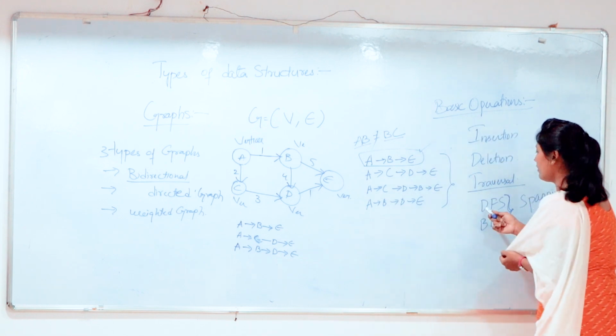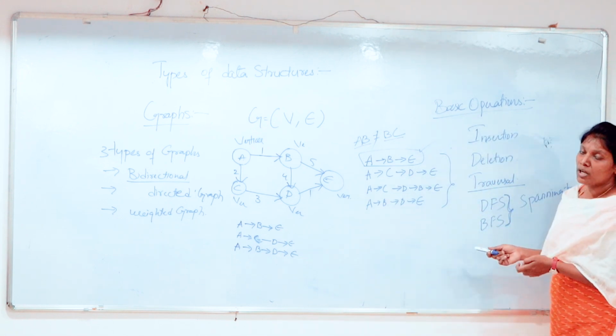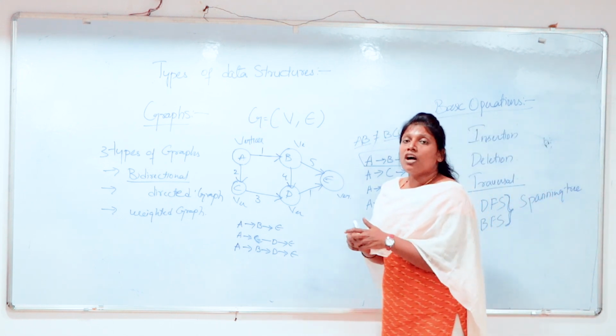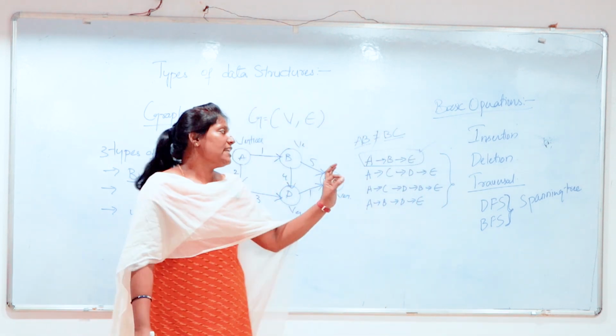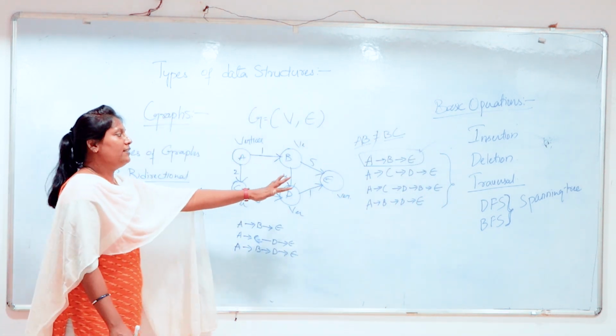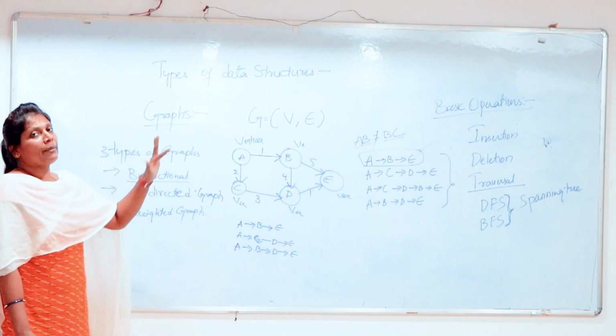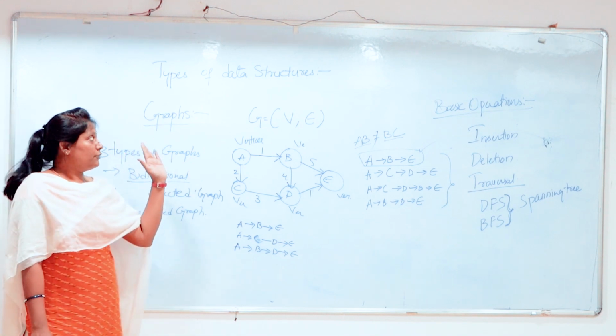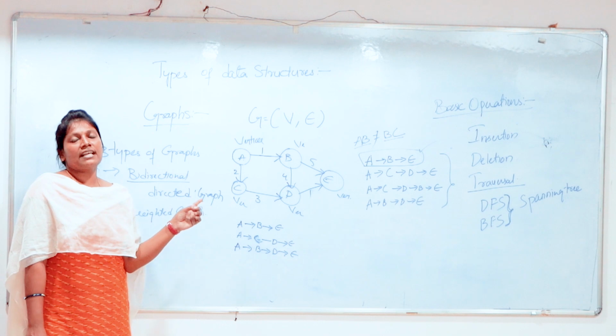That is the aim of DFS and BFS. Why? Because with a less cost all the nodes should be covered with a less number of edges. That is the concept of the non-linear data structures, that is trees and graphs.